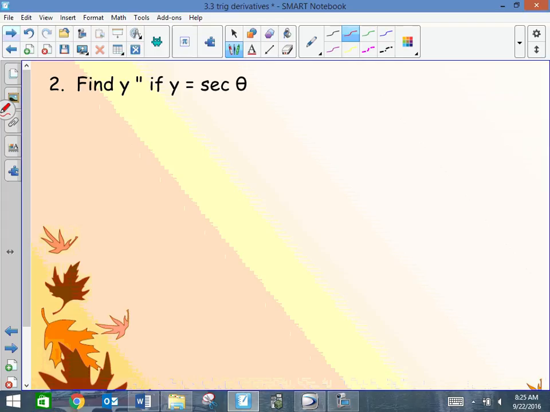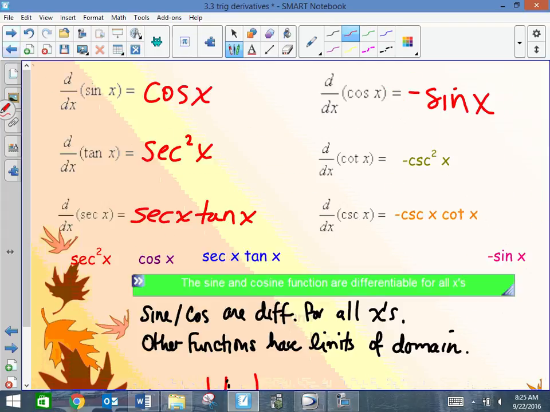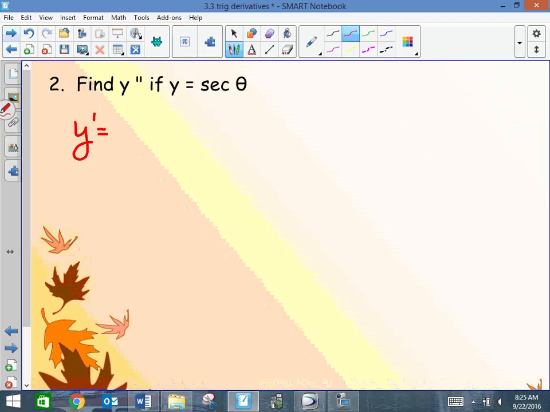Y double prime. If y equals secant theta. Okay. Now y prime. Secant theta, you cannot say, I don't like theta, so I'm going to use x. Please don't use x. You're smart enough, you can keep theta. So when you are looking for secant x, here's your derivative, and you just replace it with the theta.